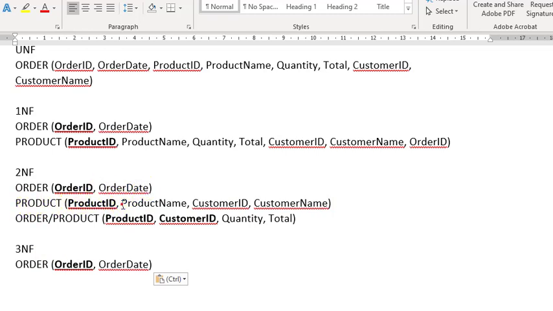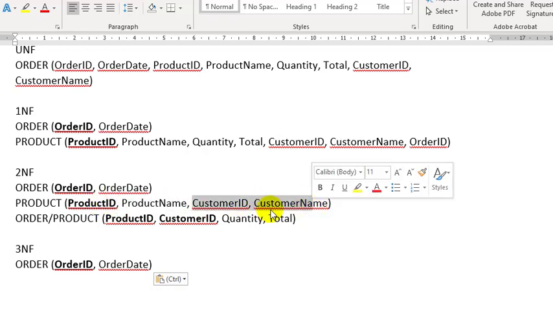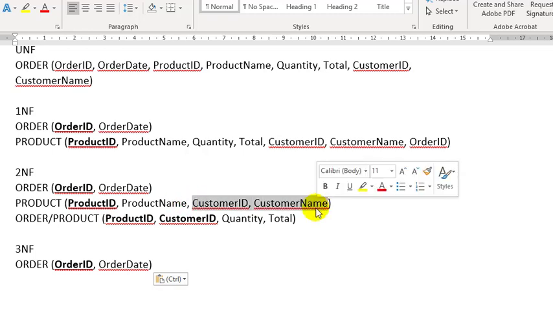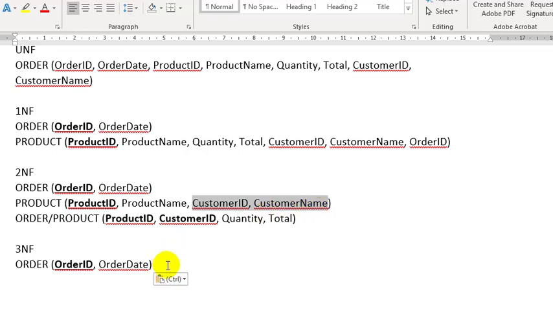The non-key attributes are product name, customer ID, and customer name. Between these three attributes, which have a relation between each other? The customer ID and customer name have the relationship. Without the product ID you can also explain it. So this is what we call transitive dependency, and then you have to remove it from the existing relation.